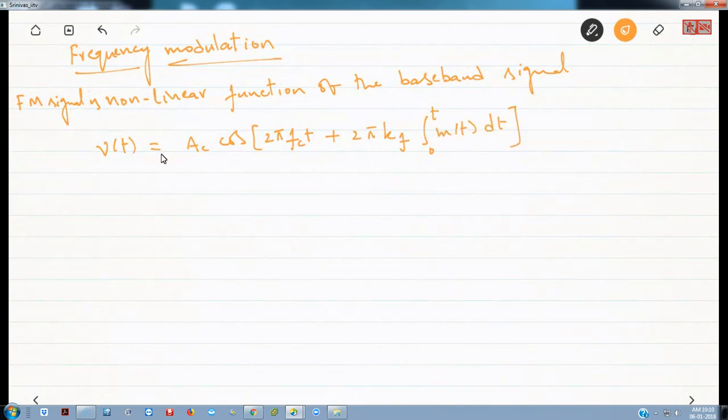See, this is called frequency modulated signal. This frequency modulated signal depends on m of t through its integral.